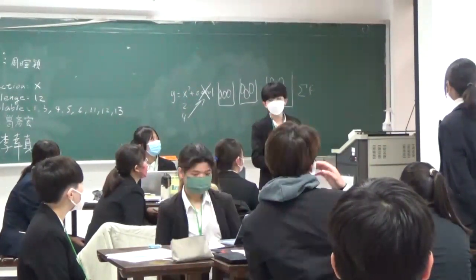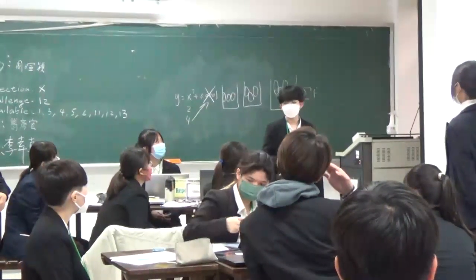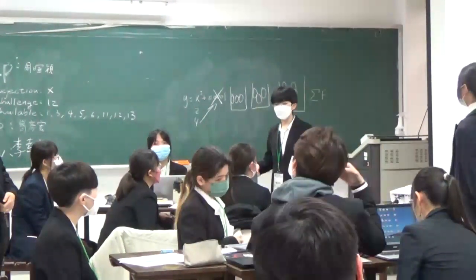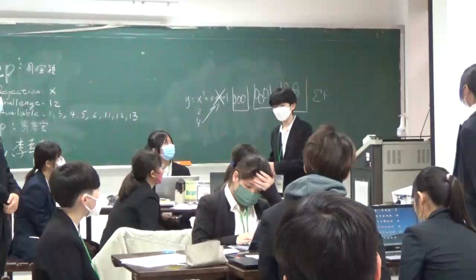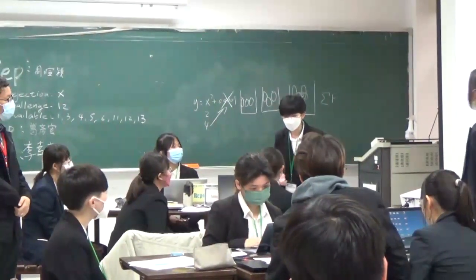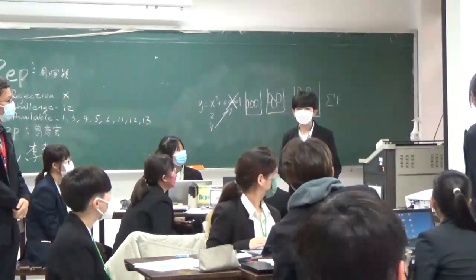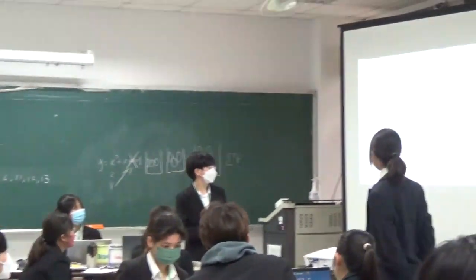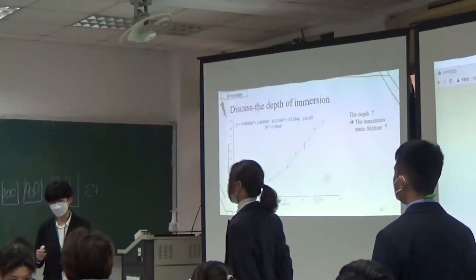Our data is not the same, so we got there are 9 points. Each point has different error bars. Yes, but how did you get the error bar?